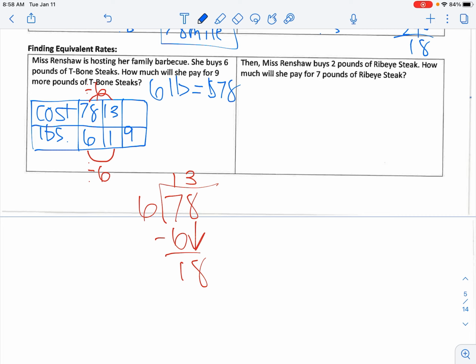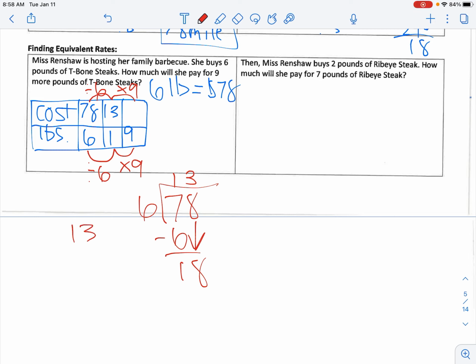Okay? So next, how do we go from 1 to 9? We multiply by 9. Whatever we do at the bottom, we have to do the top. So on the top, you're going to multiply. So we have to do 13 times 9.